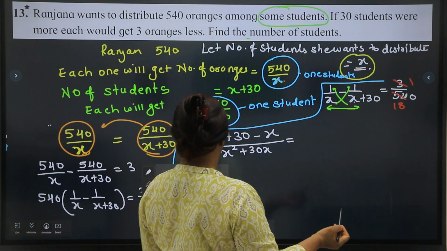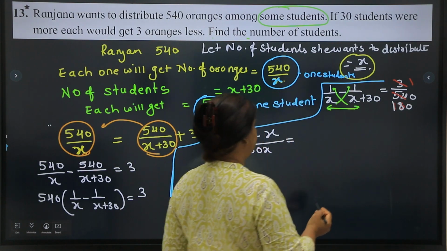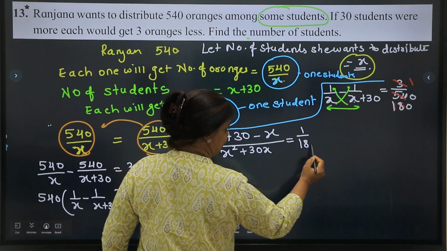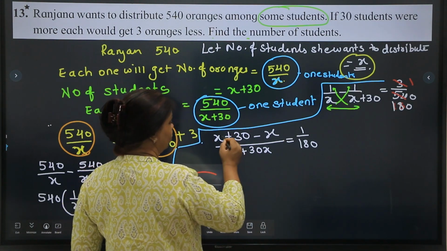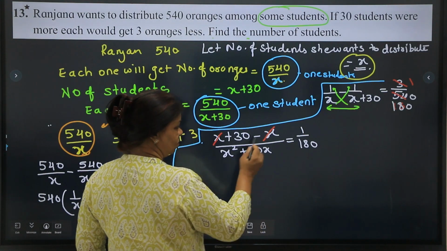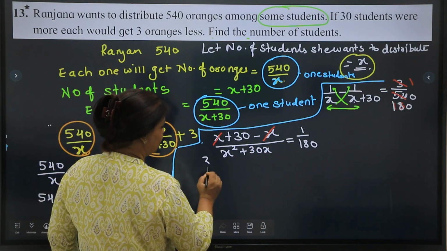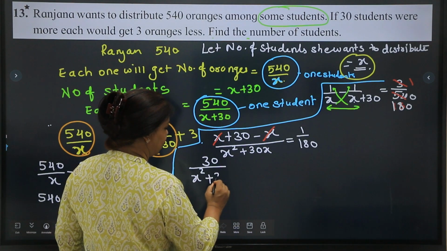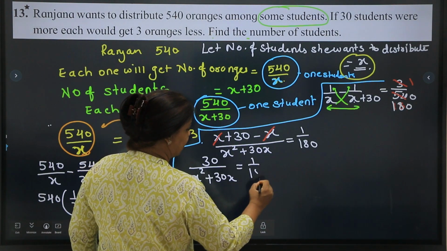So we will be getting 1 upon 180. The x and x will go. So you will be getting 30 upon x square plus 30x is equal to 1 upon 180.